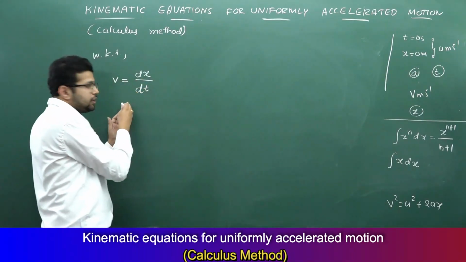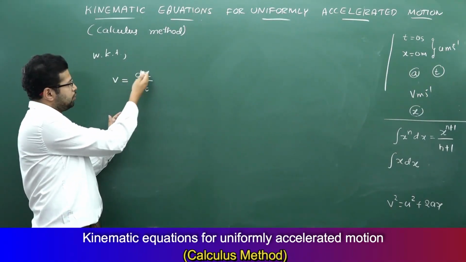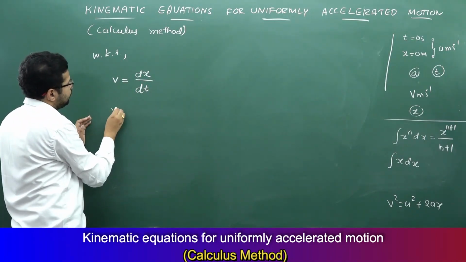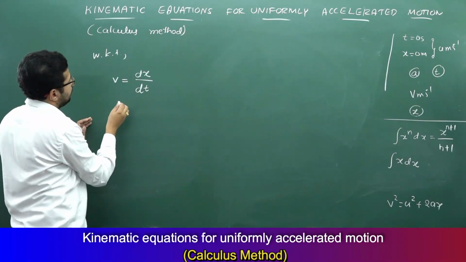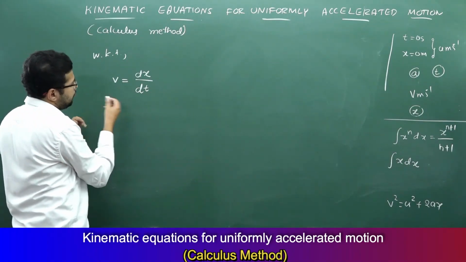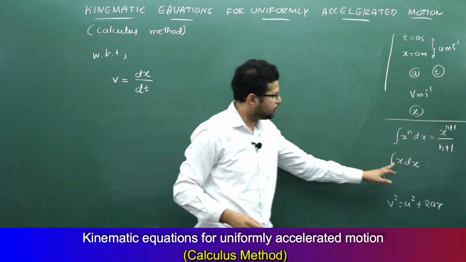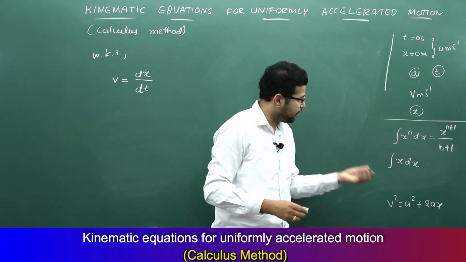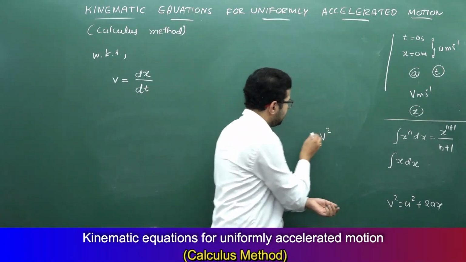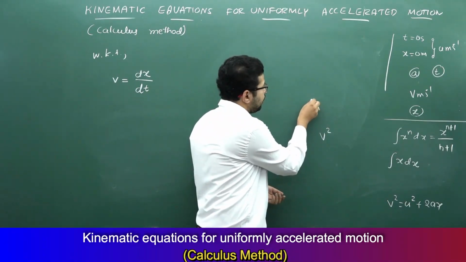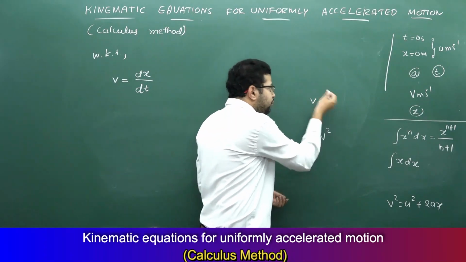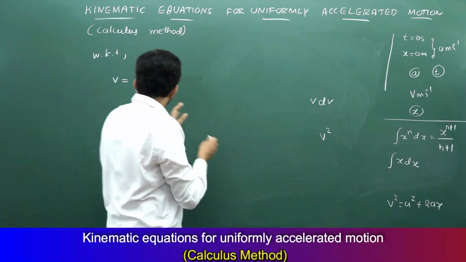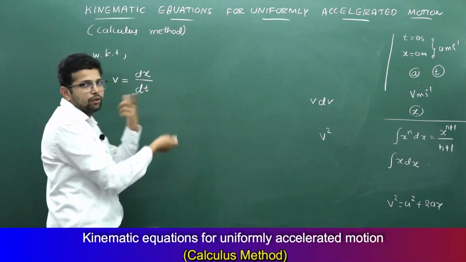So, I will once again choose this equation v is equal to dx by dt. If I have to get v square, then I should integrate v with respect to v. In this equation, there is v, but there is no dv.